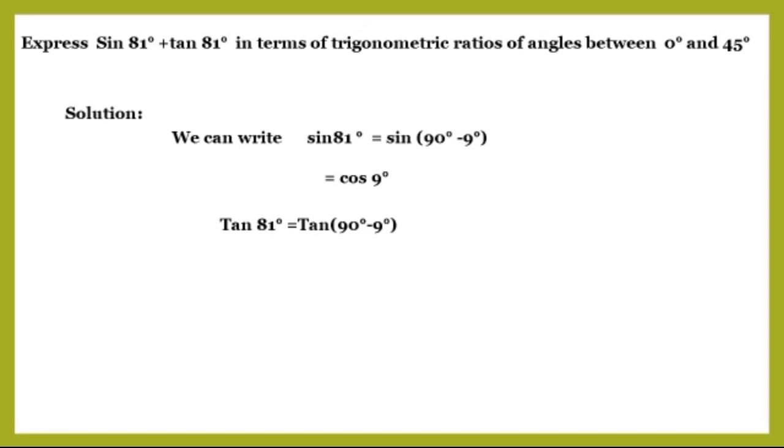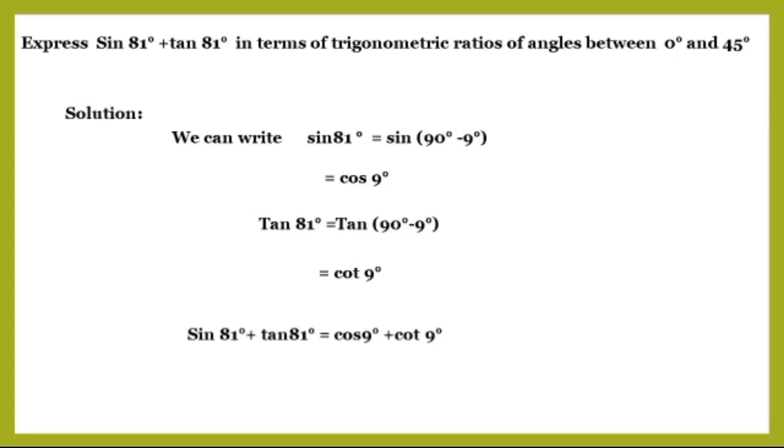But tan(90 degrees minus 9 degrees) equal to cot 9 degrees from trigonometric ratios of complementary angles. Therefore, sin 81 degrees plus tan 81 degrees equal to cos 9 degrees plus cot 9 degrees.